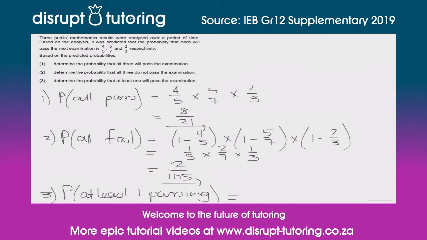That is the probability that they all fail. So the probability of at least one of them passing is going to be the complement of that. So it's going to be 1 minus 2/105, and that gives us a fairly large 103/105 probability that at least one of them will pass this exam.